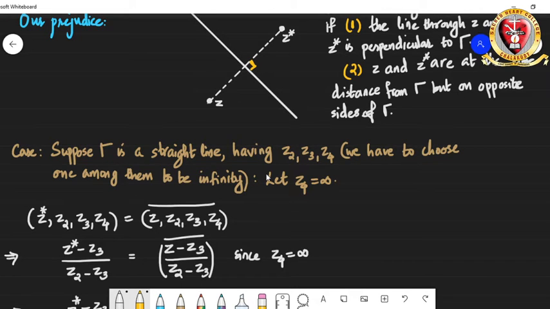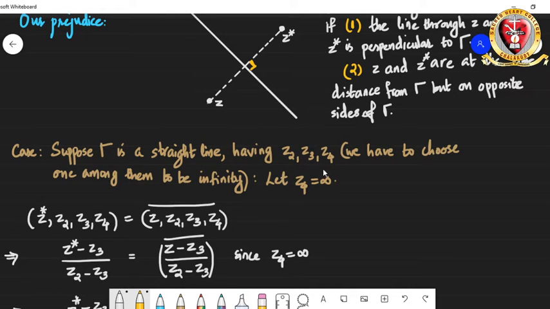We had earlier dealt with a remark saying that if we are considering circles in C infinity, there is one possibility of the circle becoming a straight line whenever one among the points we are discussing is the point infinity. So that means the 3 points sitting here form a circle in C infinity and one among them is infinity. That is a concept we are using here.